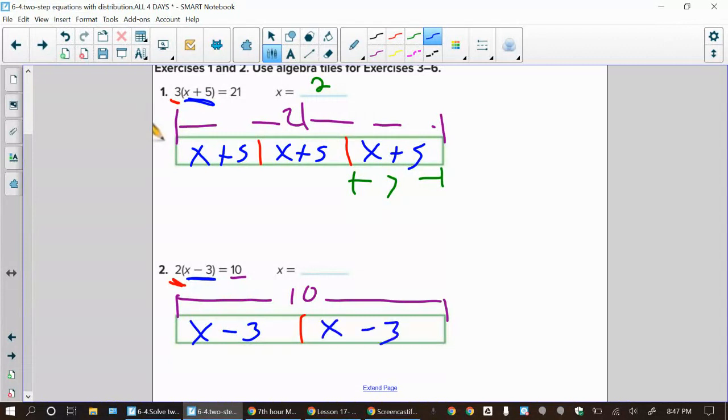Okay. How much is each part? Well, this part here is 5 because that's half of 10. That's how I got that. Now, I'm not taking away 3 anymore. I'm actually going to add 3 to it. So then I get that x equals 8.